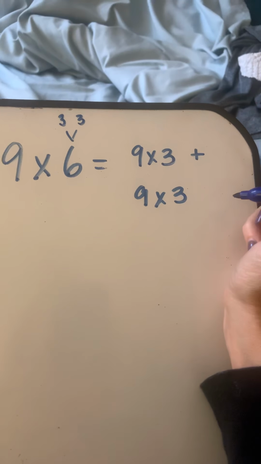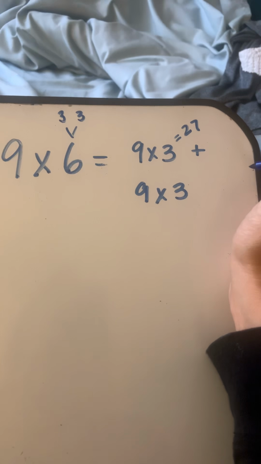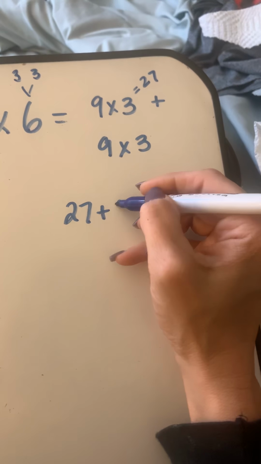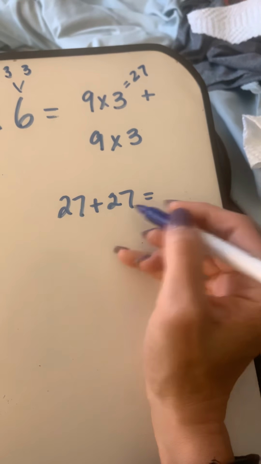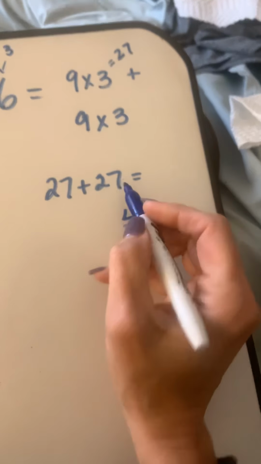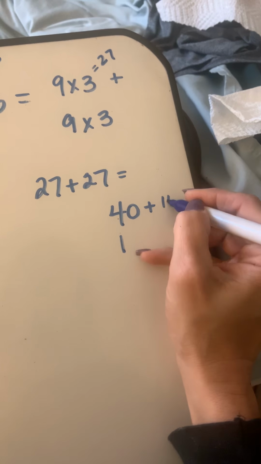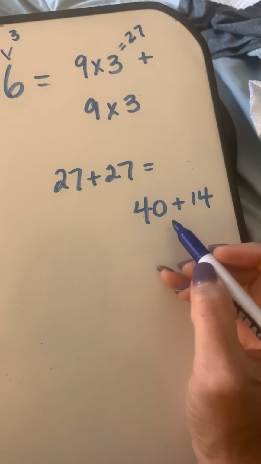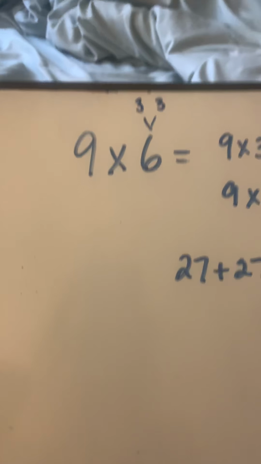And I happen to know that 9 times 3 equals 27. So in my head, I'm just thinking 27 plus 27. 20 plus 20 is 40. 7 plus 7 is 14. Let's do that. So I've got 54.